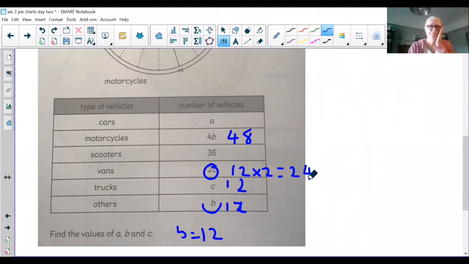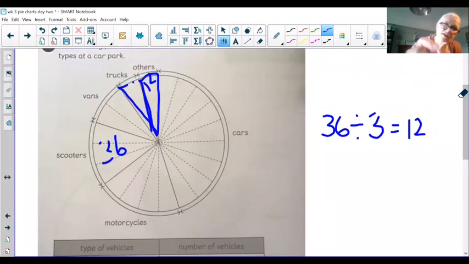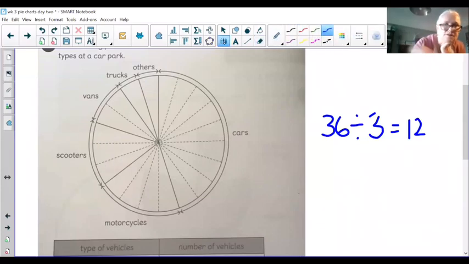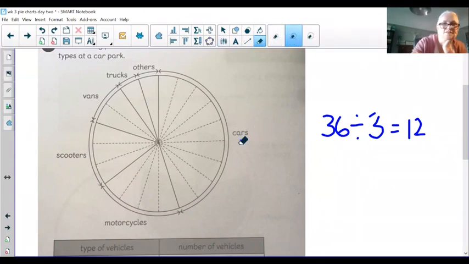Okay. And then all I need now is cars. Cars is A. So let's see how many segments are cars. Let's get rid of everything else. So cars are, this is cars here. Cars there. And we've got 1, 2, 3, 4, 5, 6, 7, 8, 9.